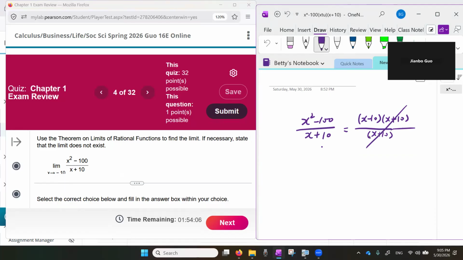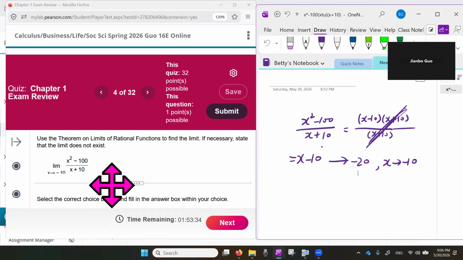The limit of the function at -10 has nothing to do with the value at -10. The function is not defined anyway at -10. So we can cancel these two factors, and the function becomes x minus 10. Right? When x approaches -10, the function approaches -10 minus 10, which is -20. Okay?